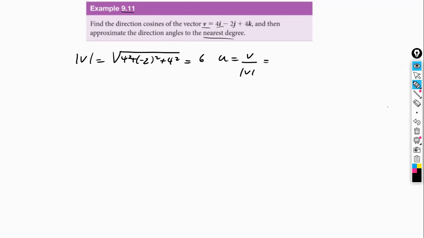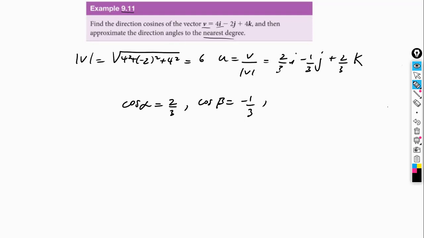So this is going to give us 2/3 i minus 1/3 j plus 2/3 k. Then from what we just learned, we know that cosine of alpha is going to be 2/3, then cosine of beta is going to be minus 1/3, and cosine of gamma is going to be 2/3.